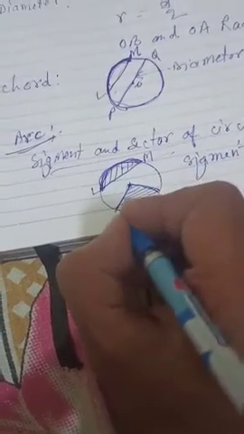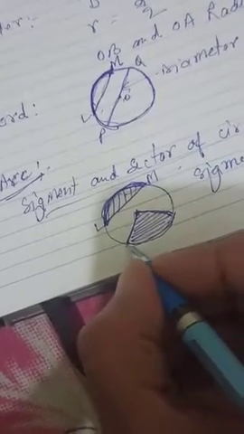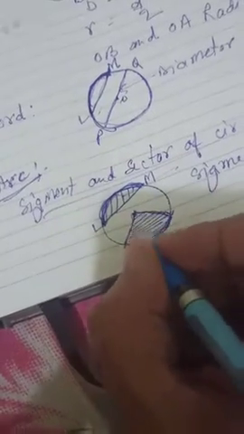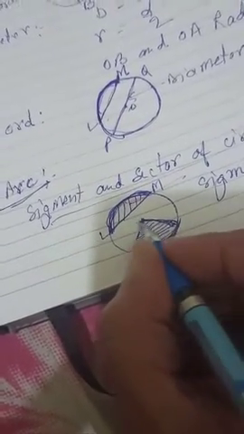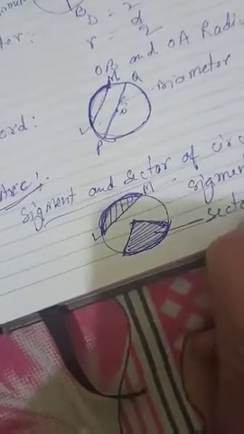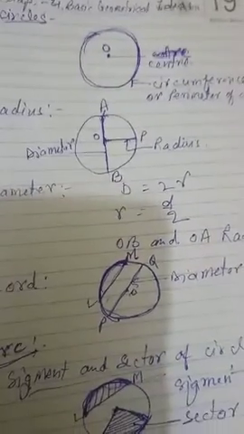That area is called the sector. The sector is between the arc and two radii. The arc, which is a part of the circumference of the circle, with two radii is called a sector. So this is a part of the circle.